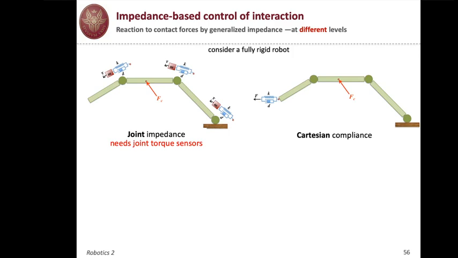And if we expand the Cartesian compliance into a Cartesian impedance, then everything occurs at the end effector level. So we would like to see an apparent inertia or mass at the Cartesian point, and we need a force torque sensor that is measuring the applied force there.